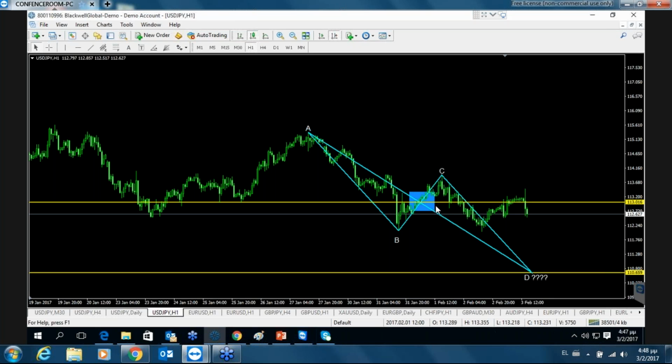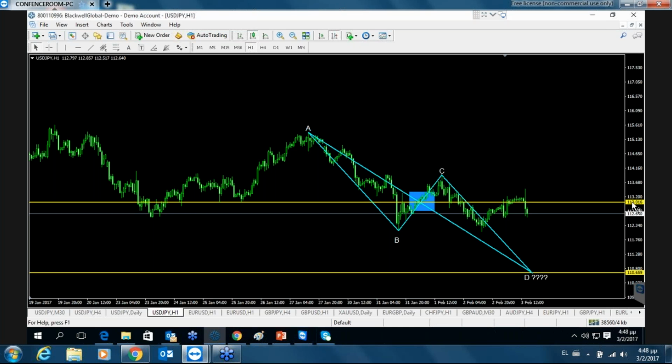I call it the centroid area. Now your direction is down, the trend is down, so the ABCD is down. Because the ABCD is a bearish ABCD pointing down to this area, your direction is also down. So because your direction is down, your trading area is under the centroid area.